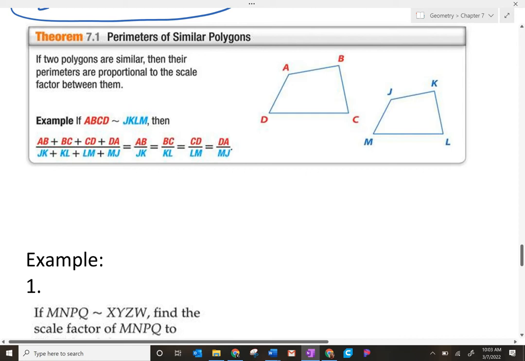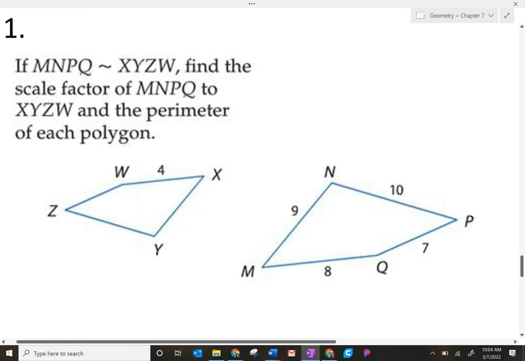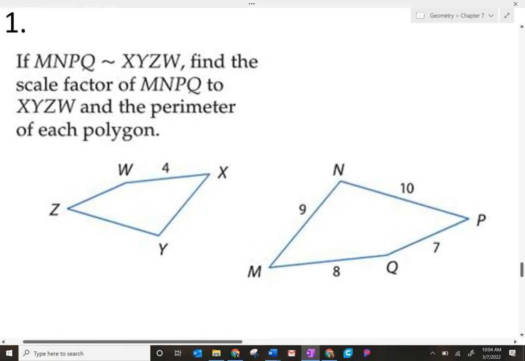So if I look at this first shape, I'll let you guys have a chance to write it down. We've got shape MNPQ is similar to XYZW. Again, the order of the letters is important. Find the scale factor of MNPQ to XYZW.